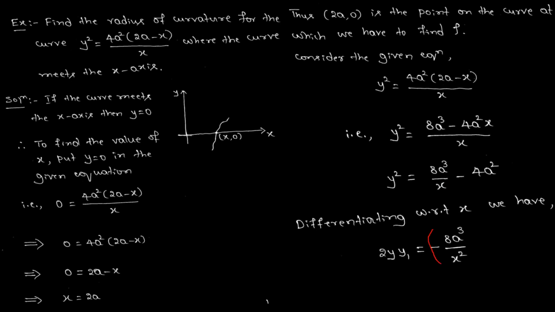Yes, we have written minus 1 by x square as the differentiation of 1 by x, minus differentiation of 4a square is 0 because it is a constant.